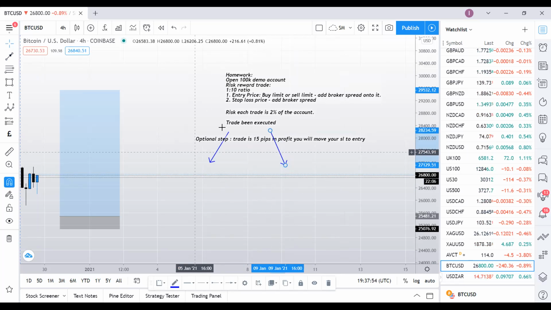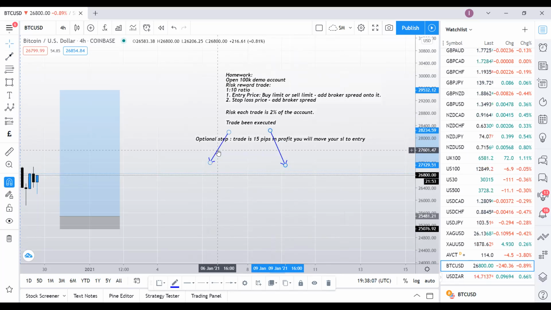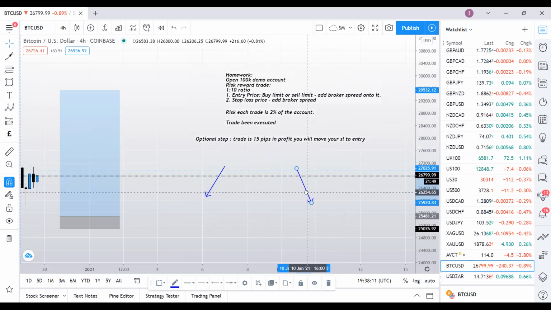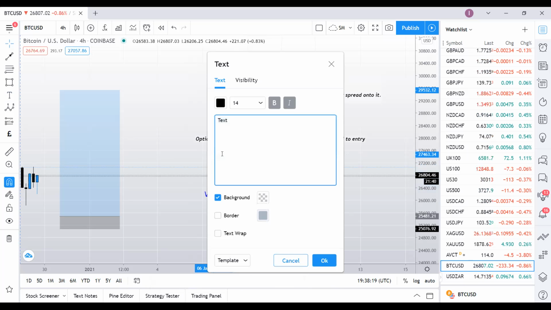The next step is that we're going to break up this risk of the 2%. So this is the first trade.